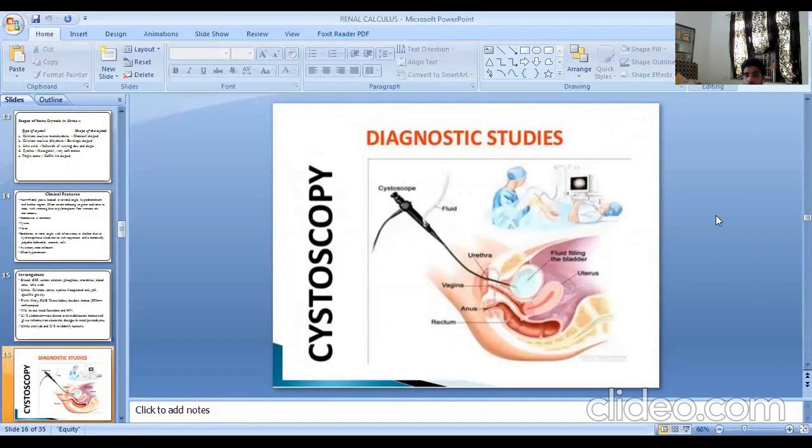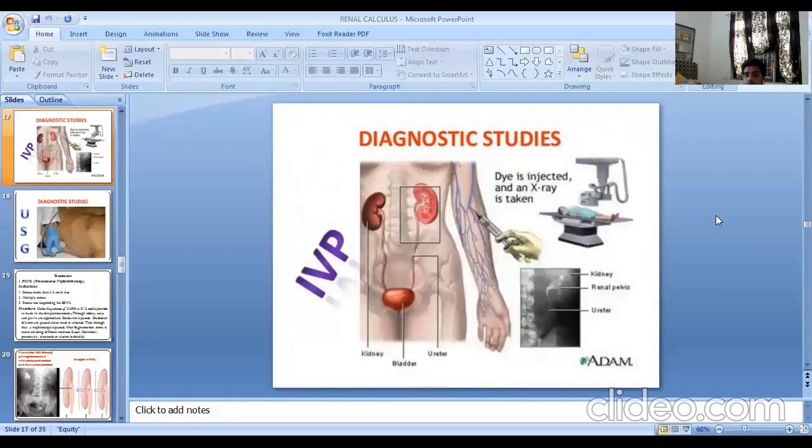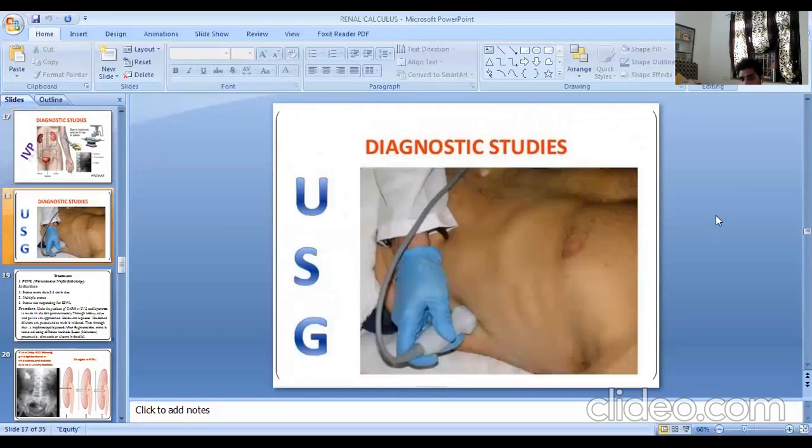Diagnostic studies. First of all, we can do cystoscopy, as you can see in this diagram. Then IVP, intravenous pyelography. Then the USG, which is a very useful diagnostic tool for renal stone.